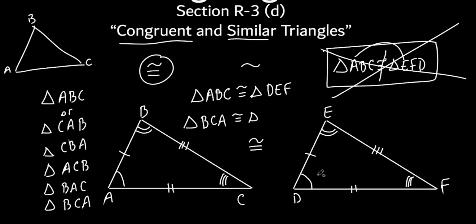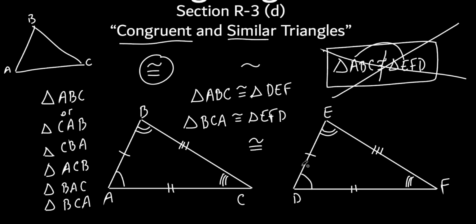So 2, 3, 1. Which one's over here goes in that order, 2, 3, 1? The E, the F, and the D. So I would call it triangle EFD. See, these have to match up. The B and the E have to match up. Right? The A and the D have to match up, and the C and the F have to match up. Do they match up here? Yes, they do.